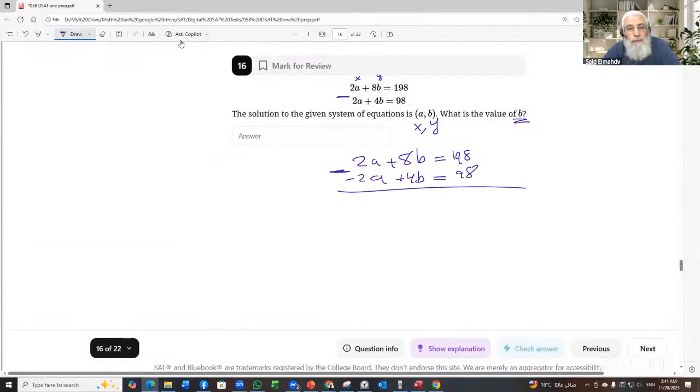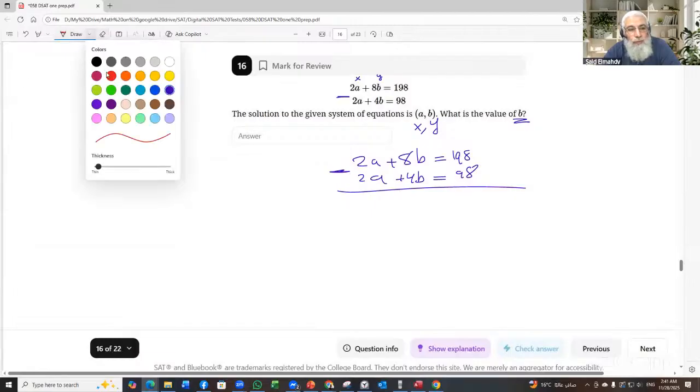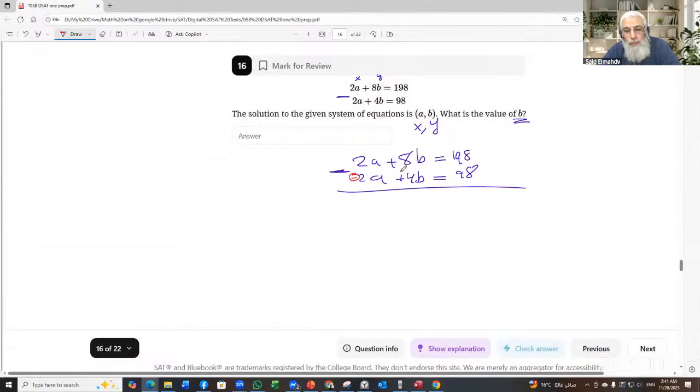This means subtracting this equation minus this equation. 2a minus 2a is 0, 8b minus 4b is 4b, and 198 minus 98 is 100, divided by 4. B is equal to 25.